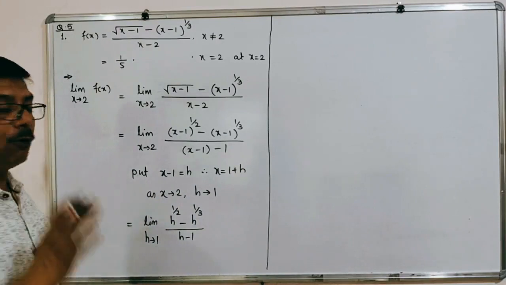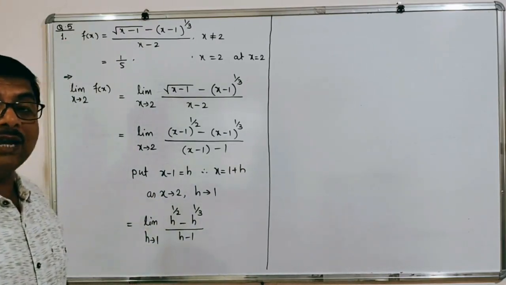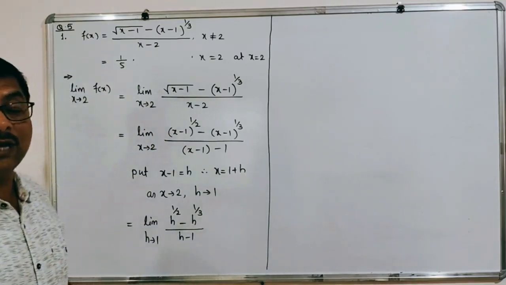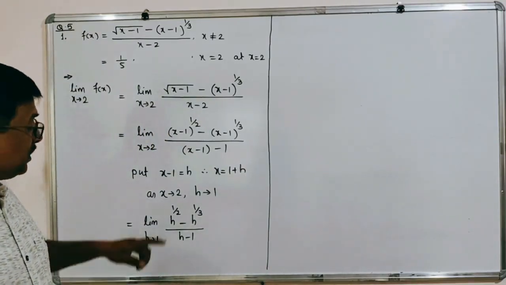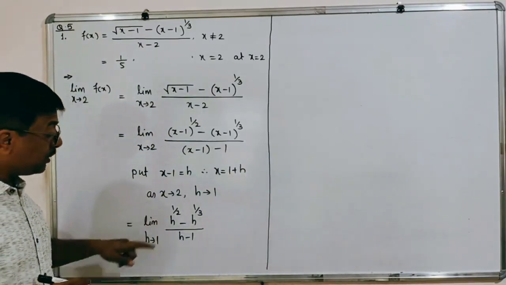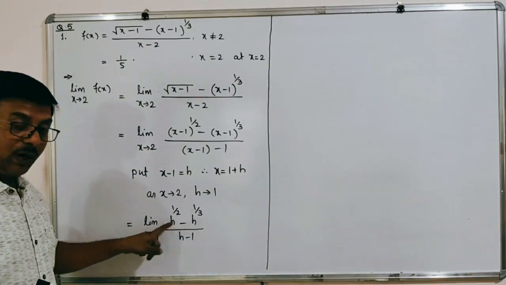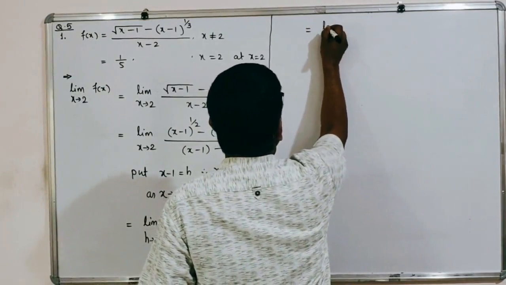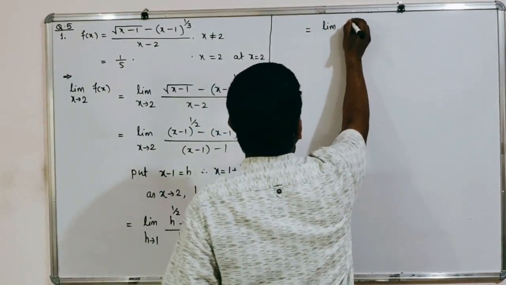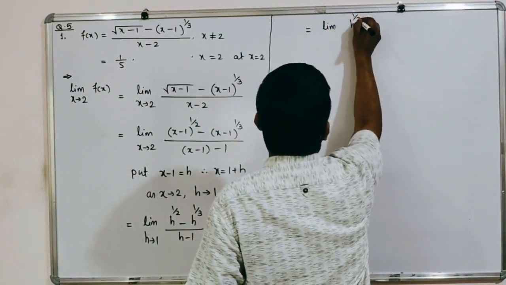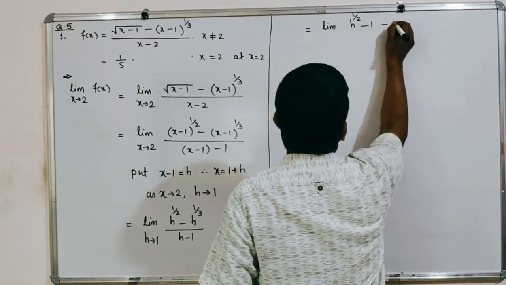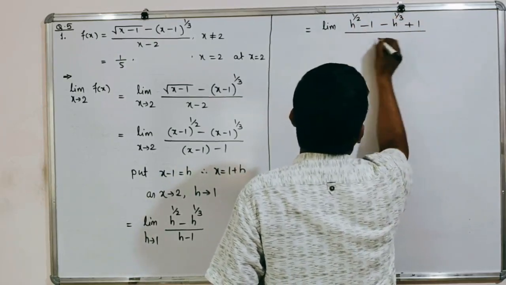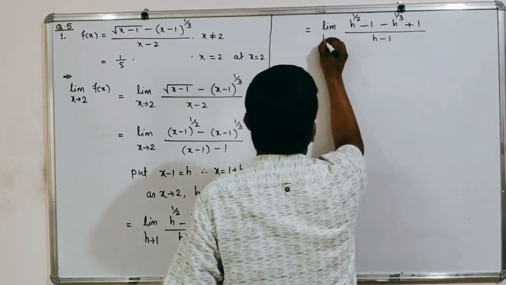Now remember that formula: the limit of x raised to n minus a raised to n, divided by x minus a, as x tends to a, is equal to n into a raised to n minus 1. To use that formula, we have to adjust minus 1 here. Now it becomes the limit of h raised to 1 by 2 minus 1 minus h raised to 1 by 3 plus 1, divided by h minus 1, as h tends to 1.